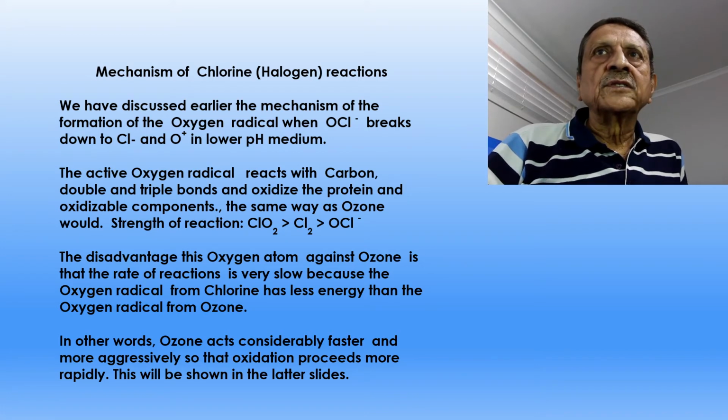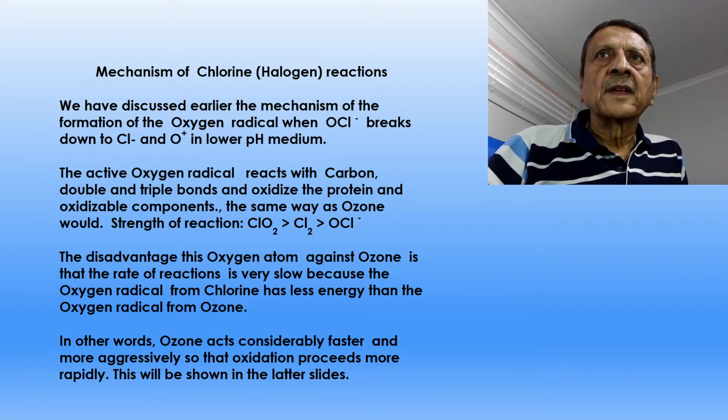When sodium hypochlorite is dissolved in water, it breaks down to sodium positive and OCl negative. Now, the active oxygen radicals react with carbon double and triple bonds and also oxidize the protein in oxidizable components in the same way as ozone would.